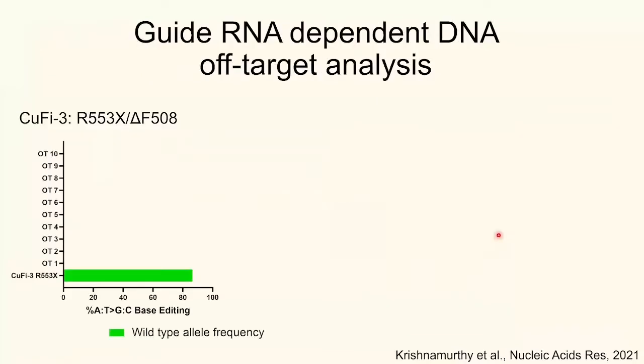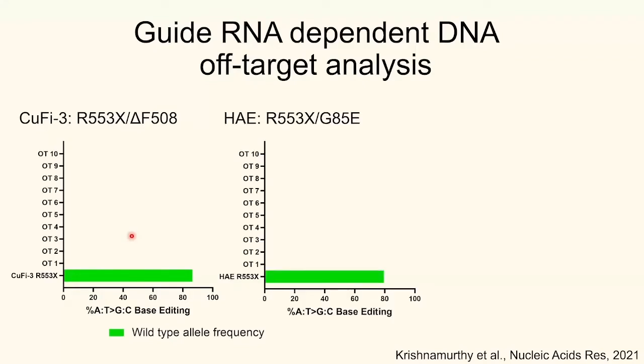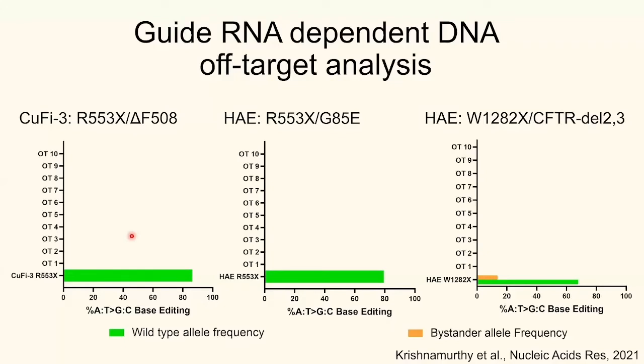So here's our data assessing the guide RNA dependent DNA off target base editing for the top 10 off target sites that we identified through CRISPOR. For the CUFI3 R553X cell line, you see that we have minimal off targets, less than 0.1% off target DNA editing. And the same is true for the primary human airway epithelial cells heterozygous for the R553X and the W1282X mutation.